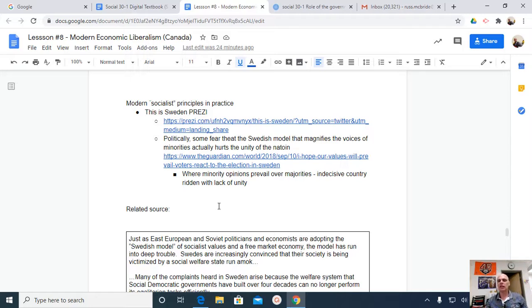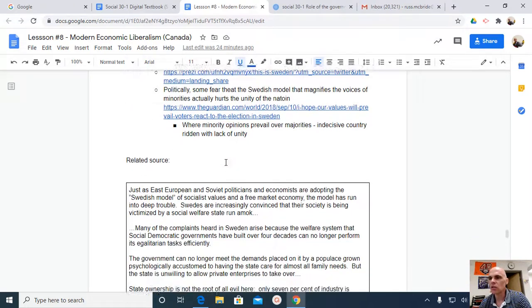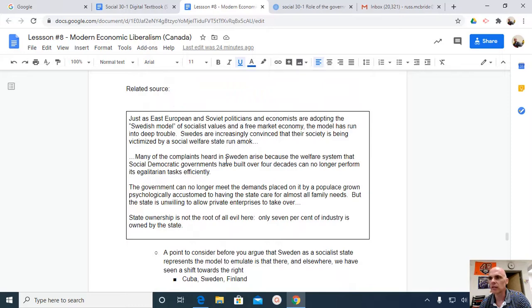So in a Goldilocks essay, they might say, America, the 1920s, not enough government intervention. Soviet Union of the 1930s, too much government intervention. Sweden, just right. So if you feel the pull to use Sweden as your case study, I've included some research here that you can do so that you can use Sweden in your economic essays.